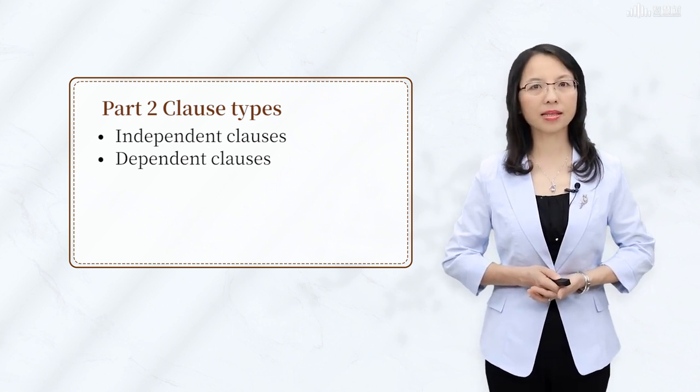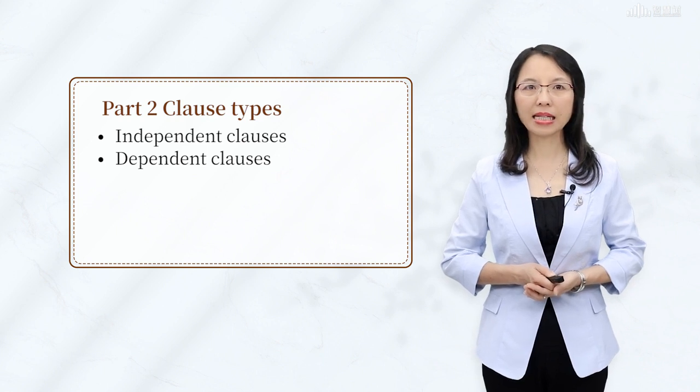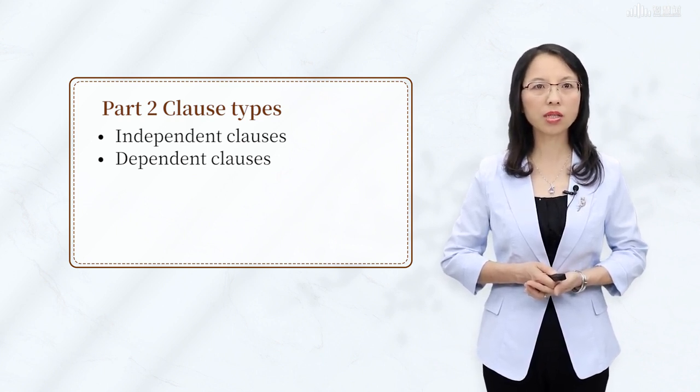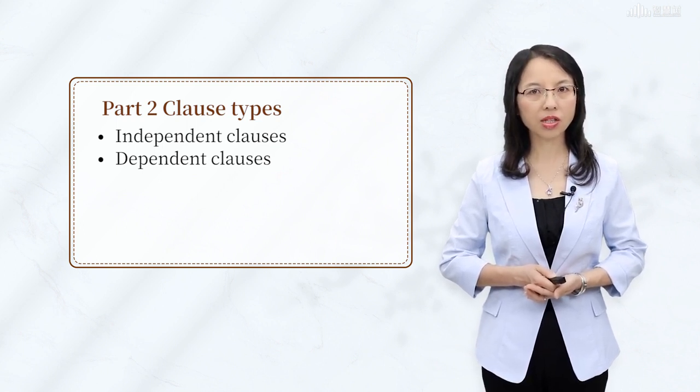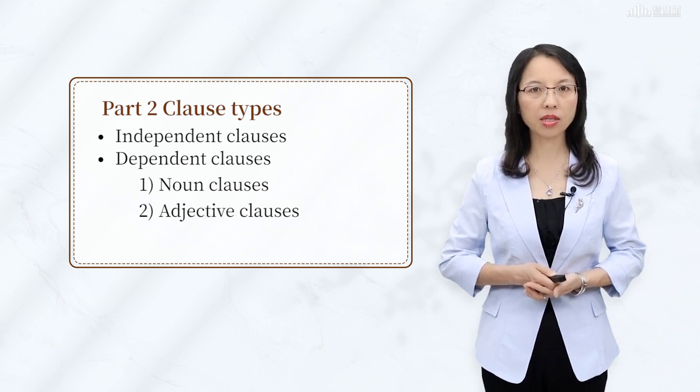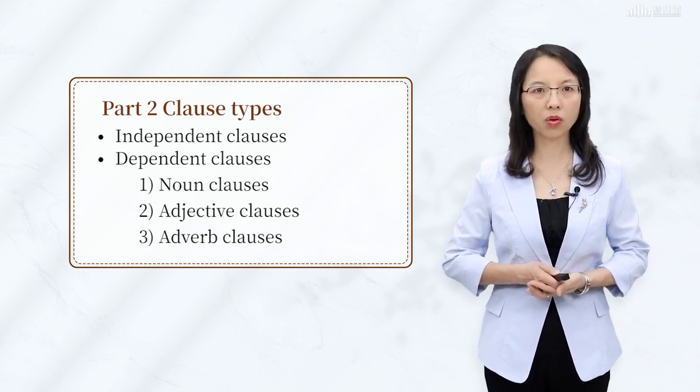In a complex sentence, there must be at least one dependent clause. Dependent clauses can function in a sentence as nouns, adjectives, or adverbs, and are therefore called noun clauses, adjective clauses, and adverb clauses respectively.